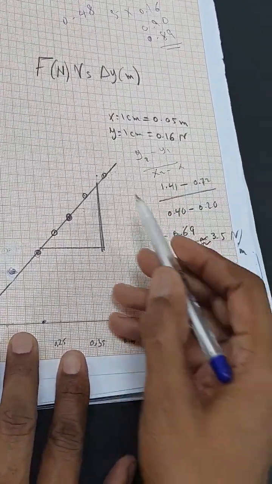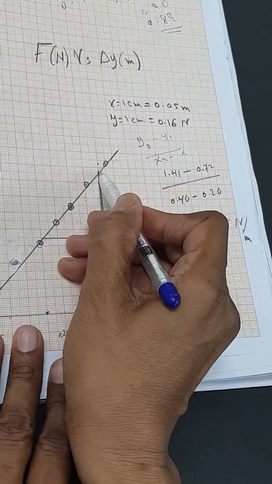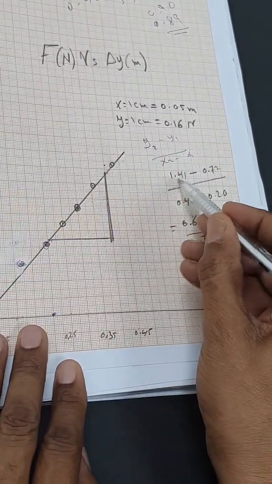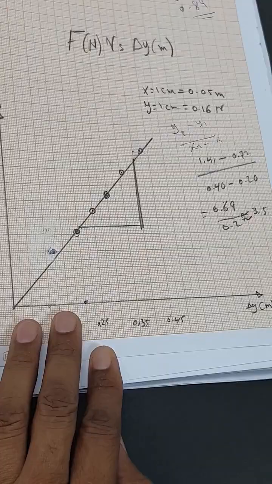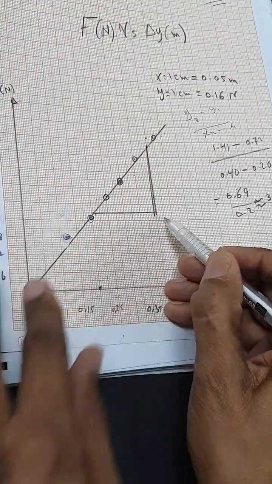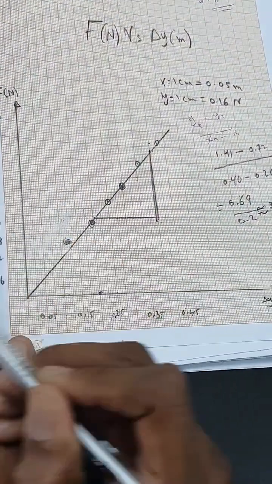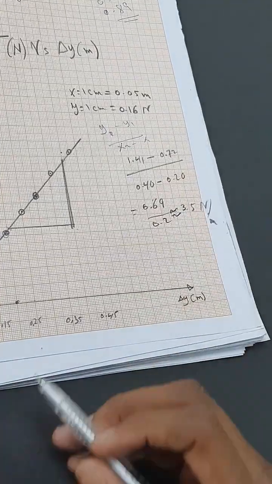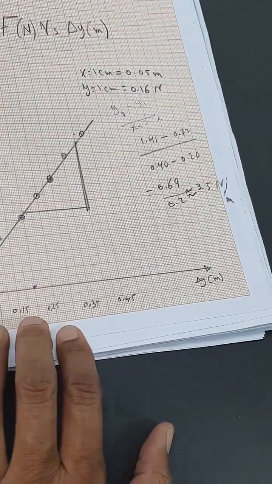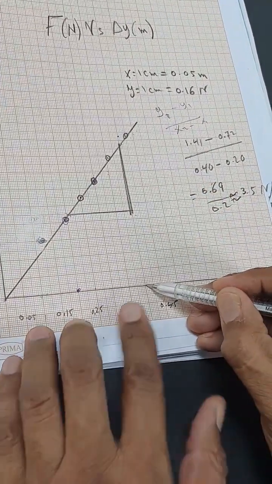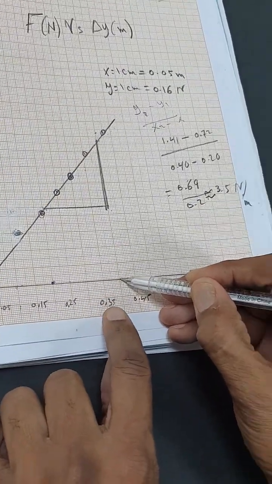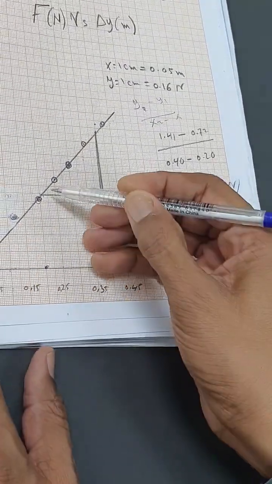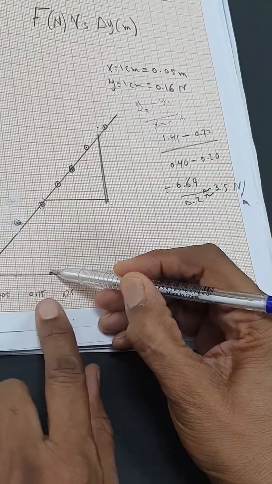This point here is 1.41, minus y1, which is 0.72, over x2 minus x1: x2 here is 0.4, minus x1 here, 0.2.